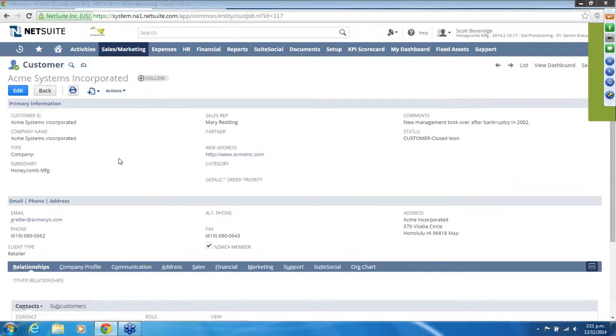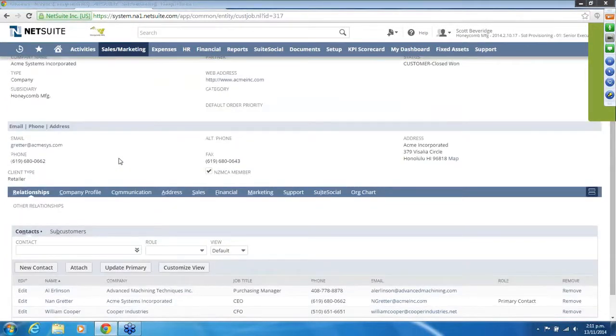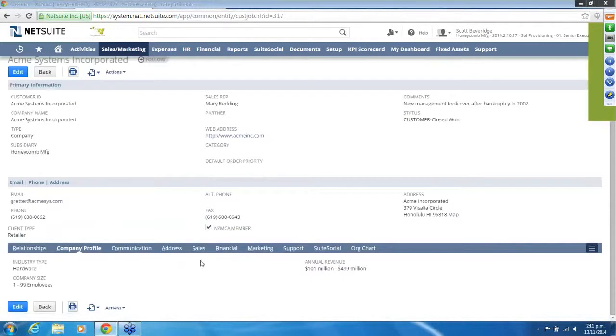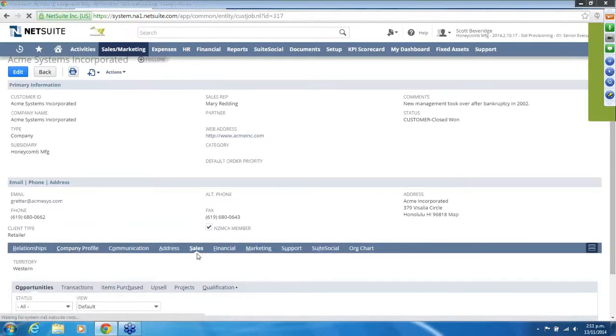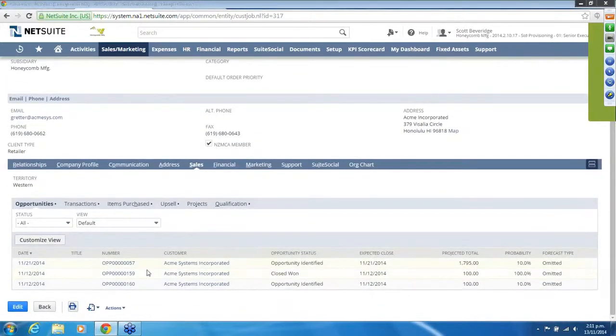So now I've got a lot of information presented to me about the customer. I can see the context of the customer if I want to communicate with them, where they are within the world, what's their overall profile. And likewise, what sales information have I got against them? So what current opportunities are the sales team working on?